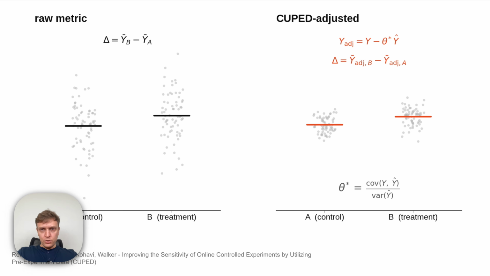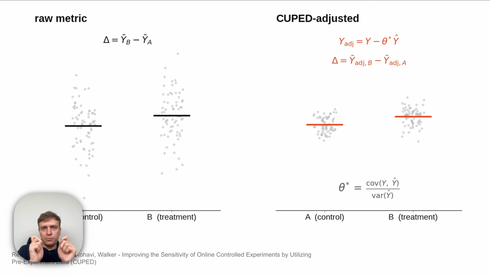In this approach, what you do is take the features before the experiment started that are not impacted by the experiment and make a prediction of the future value of the metric that you care about using these features. And then you subtract this prediction from the actual value that you see during the experiment.